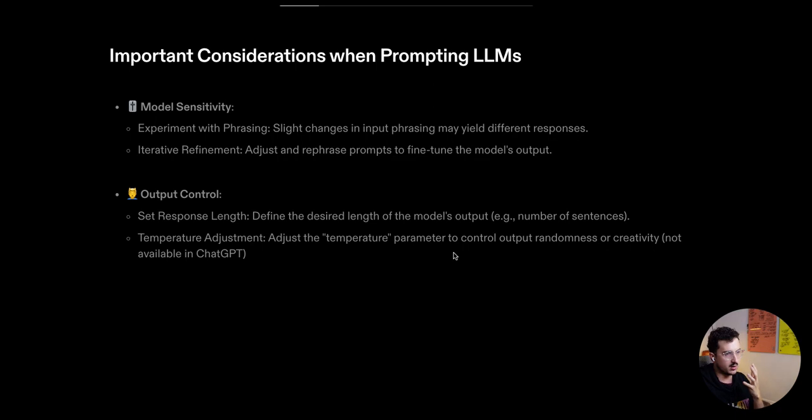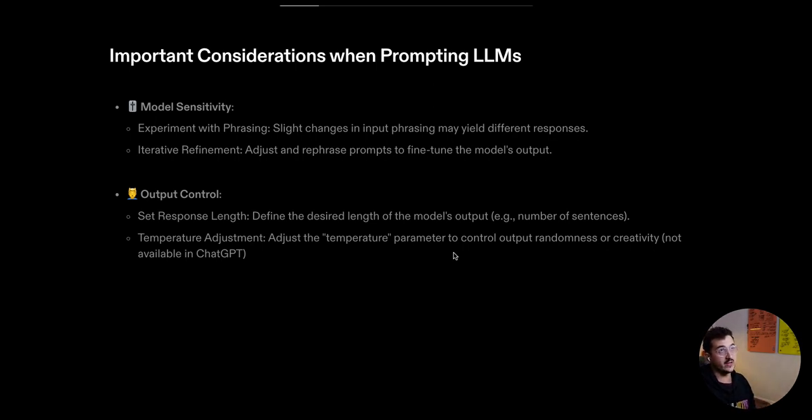If you ask the model something and it seems a little bit off, you've got to be patient and rephrase certain things. I assure you that there's almost always a way to get something back out of it, but it definitely takes iteration and refinement. So yeah, the model is sensitive, just play with it.